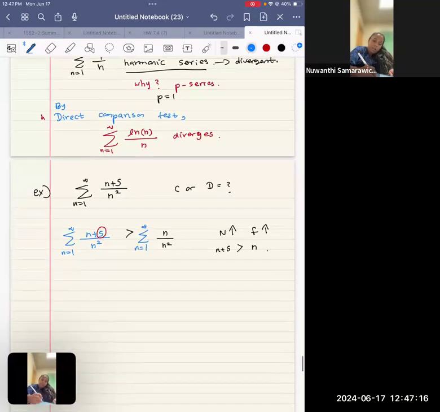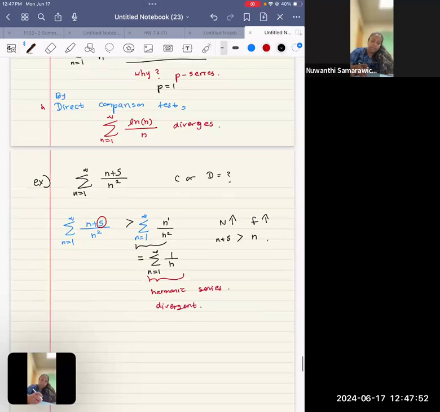Now I'm going to simplify this. This is 1 over n, right? Because here it is n to the power 1, so we can just cancel one n and end up with 1 over n. Like the previous one, this is again a harmonic series, so again this is divergent.